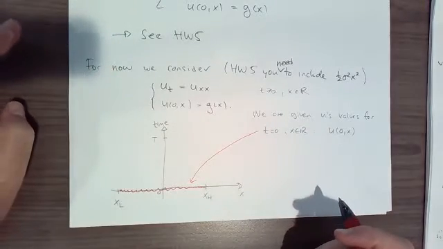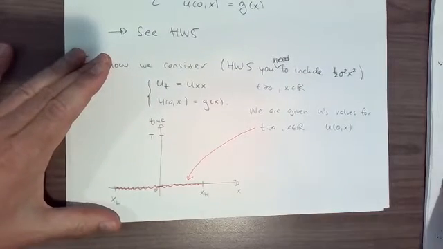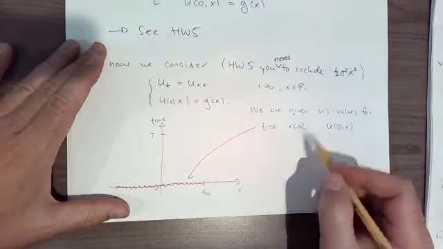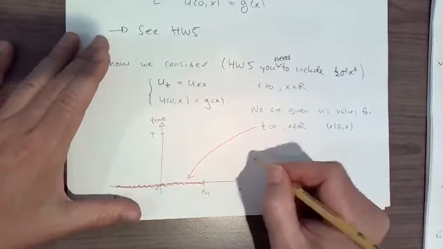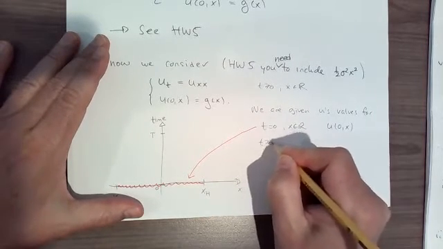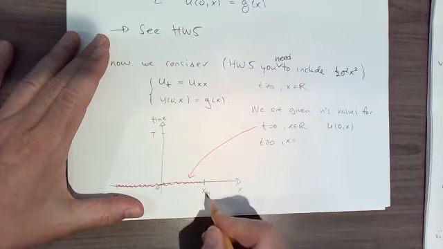Those are those values. Then we've been given the values for U when X is big. We've also been given this for T positive when X is big.